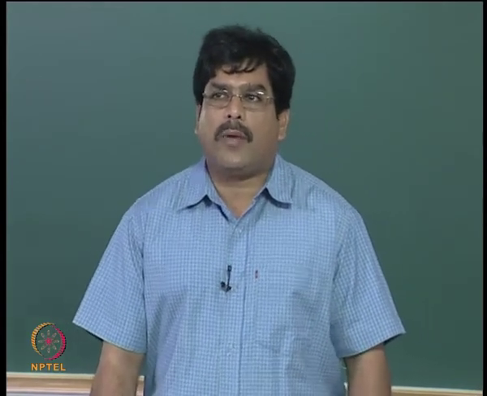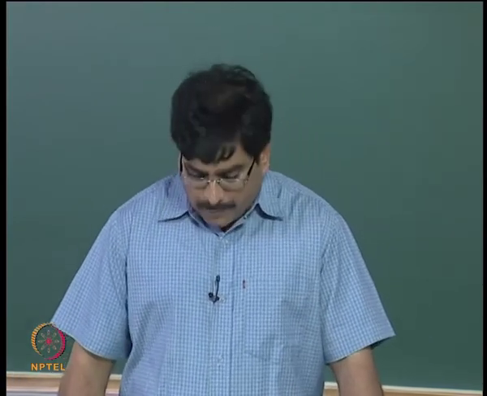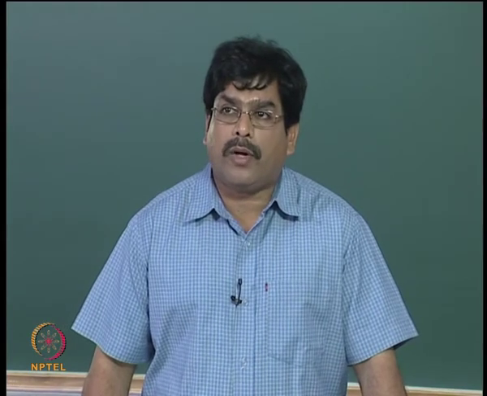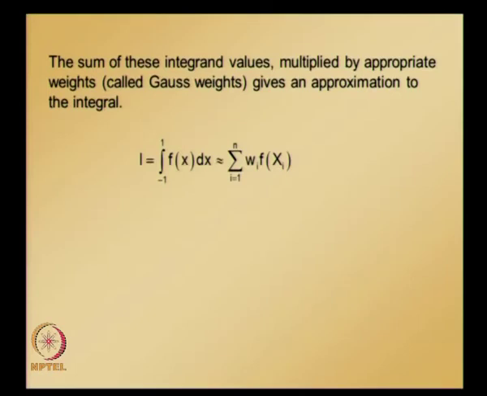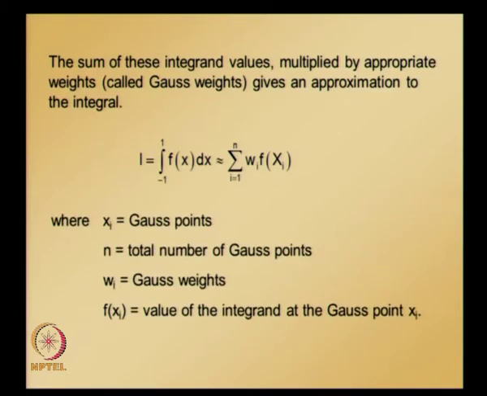The integral is approximated by summing the function value evaluated at specific points multiplied by weights. The only thing we require is to know where to evaluate this function and what the corresponding weight is. Here x_i is the location where we need to evaluate the function, called a Gauss point, n is the total number of Gauss points, W_i is the weight of the Gauss point or Gauss weight, and f(x_i) is the value of the integrand evaluated at the Gauss point.